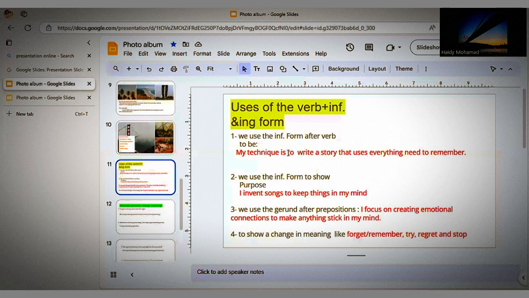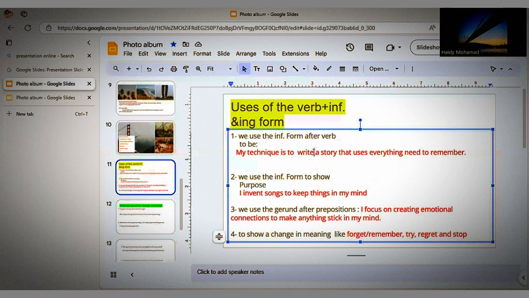First, once we have the verb to be at the beginning, we need to follow it by the base form. So the base form here in this sentence is to write.